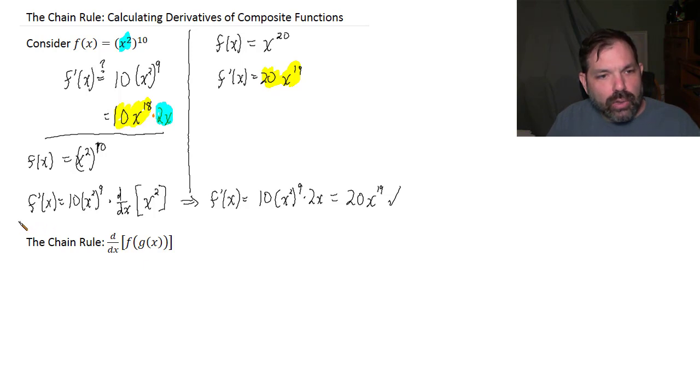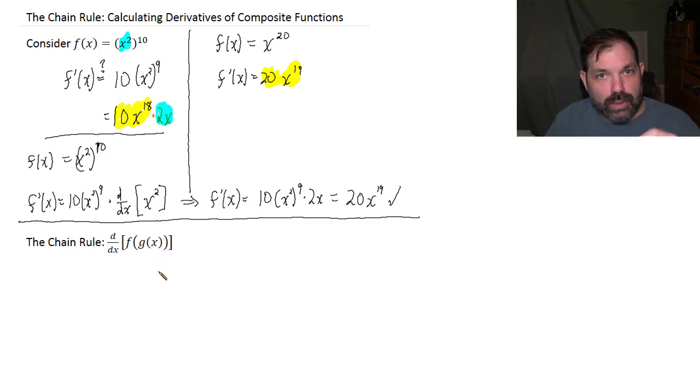All right, so here's a statement of the chain rule. If we're taking the derivative with respect to x of a composite function, so notice the composite function notation here that you learned back in an algebra course, f of g of x.